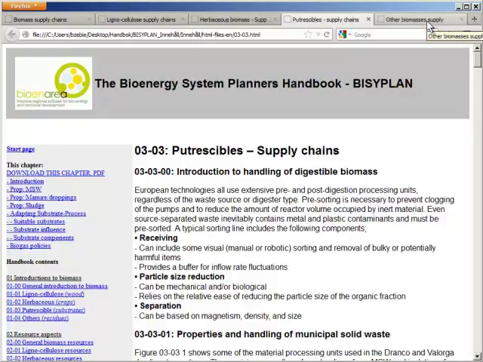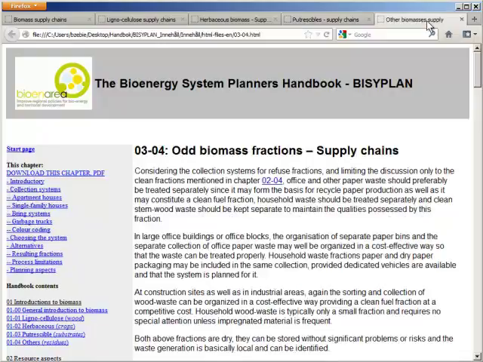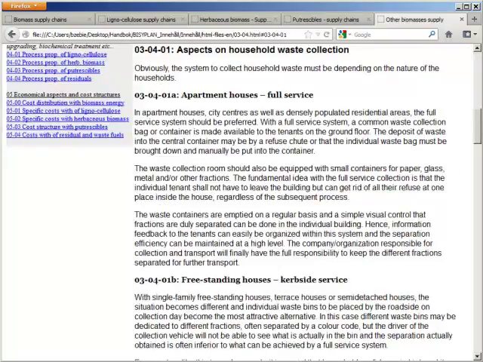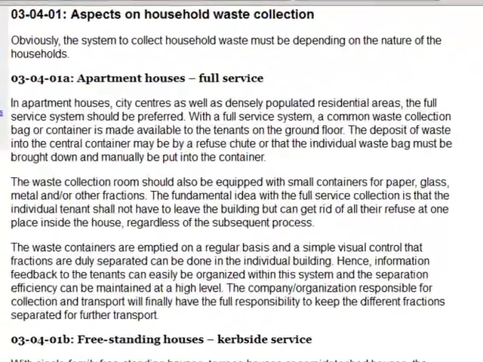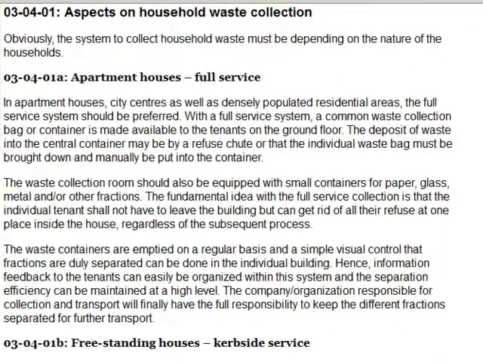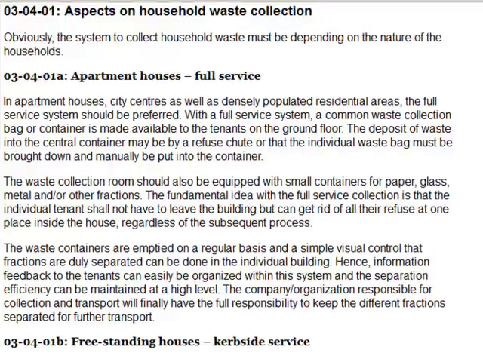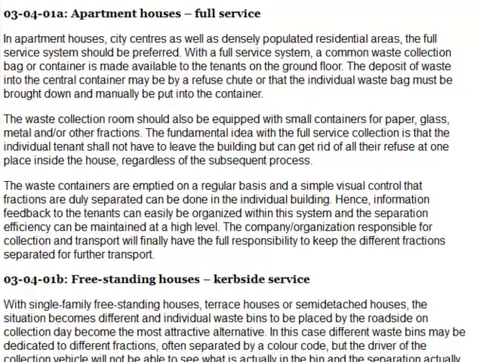For municipal wastes, though, we may say some things, and that is treated in the text section about collection systems. Now, household waste collection obviously becomes very different depending on if we are talking an area with apartment houses or an area with freestanding single-family houses.